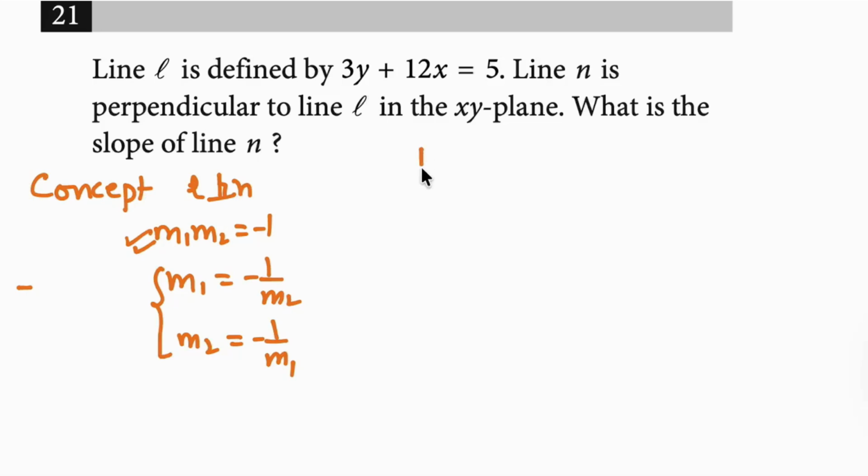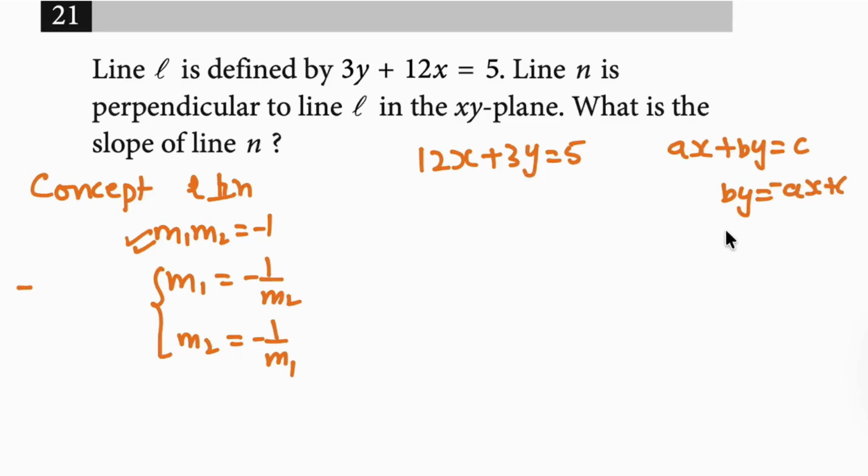Now, in one of the questions I explained how you can quickly find the slope from here only. Let's see the pattern. Let's say my equation is ax + by = c, right? Now if I try to convert it into slope intercept form, that is true for every value of a and b.